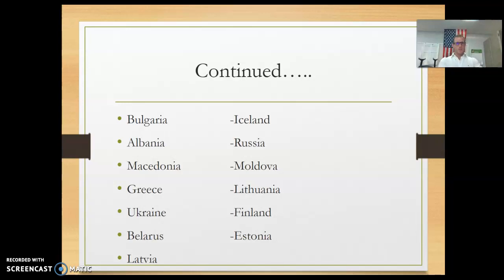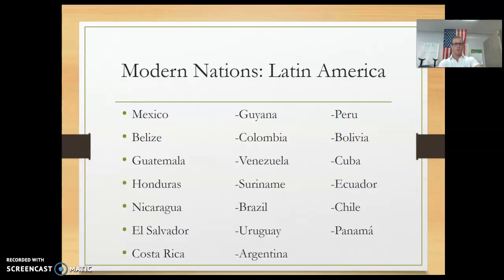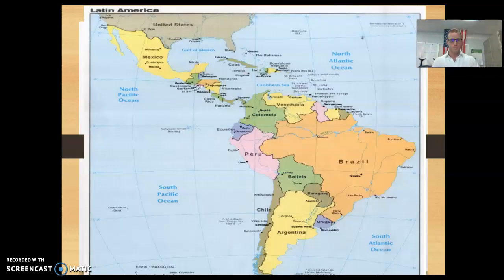Bulgaria, Albania, Macedonia, Greece, Ukraine, Belarus, Latvia, Iceland, Russia, Moldova, Lithuania, Finland, and Estonia. And then here's Europe. You have Latin America: Mexico, Belize, Guatemala, Honduras, Nicaragua, El Salvador, Costa Rica, Guyana, Colombia, Venezuela, Suriname, Brazil, Uruguay, Argentina, Peru, Bolivia, Cuba, Ecuador, Chile, and Panama.